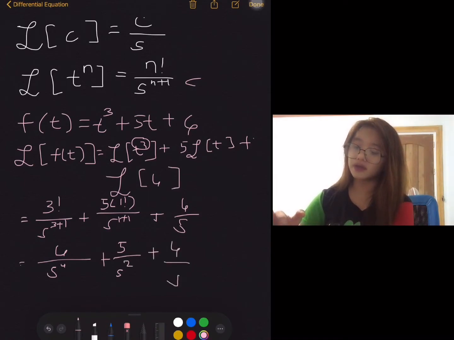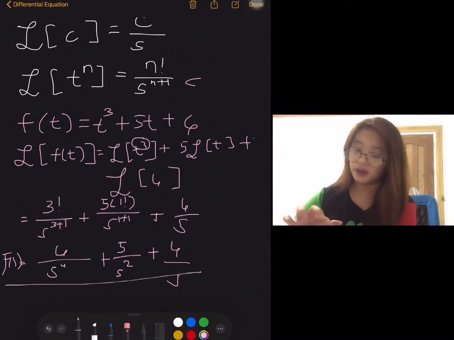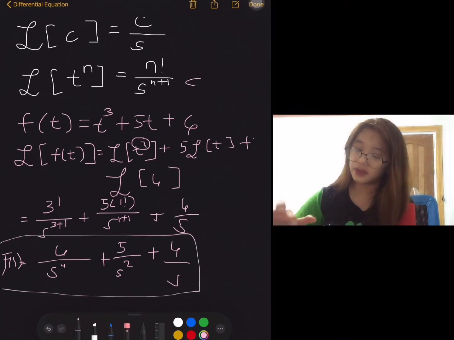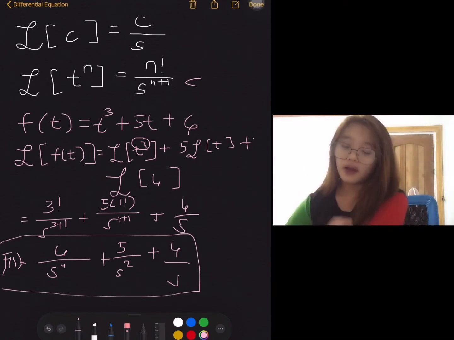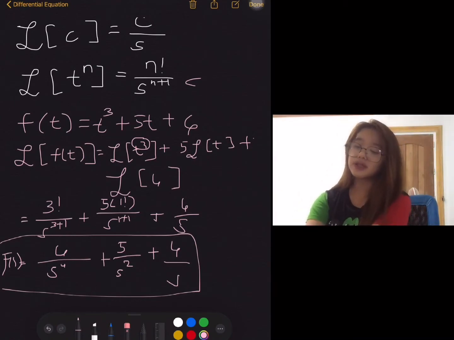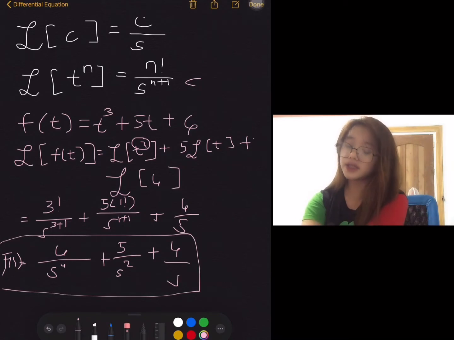Plus 6 over s. And our function F of s. Now, this is our final answer. F of s is equal to 6 over s raised to 4 plus 5 over s squared plus 6 over s.